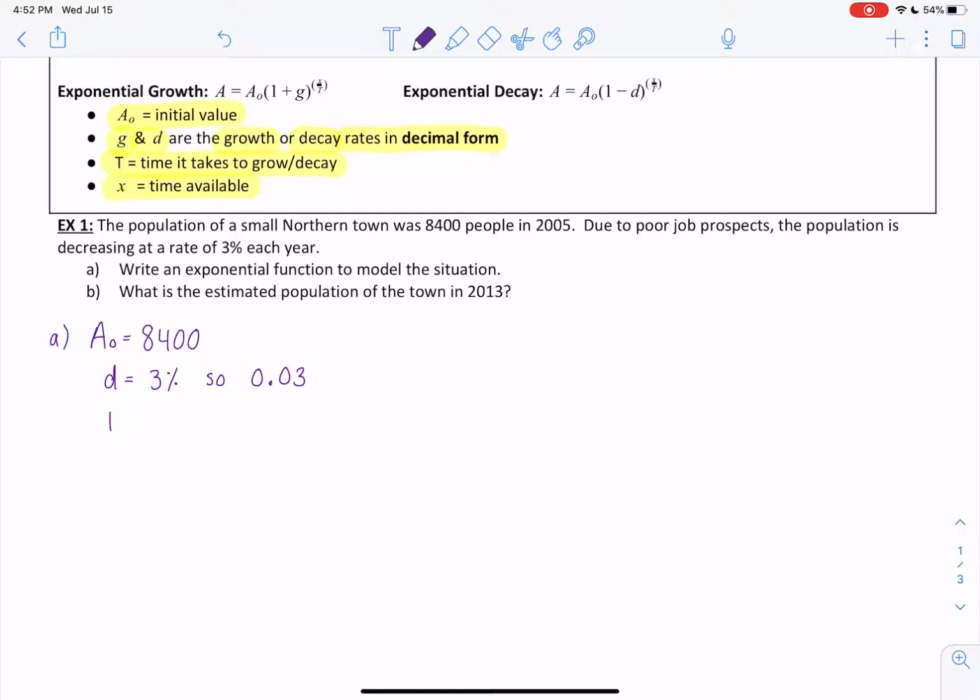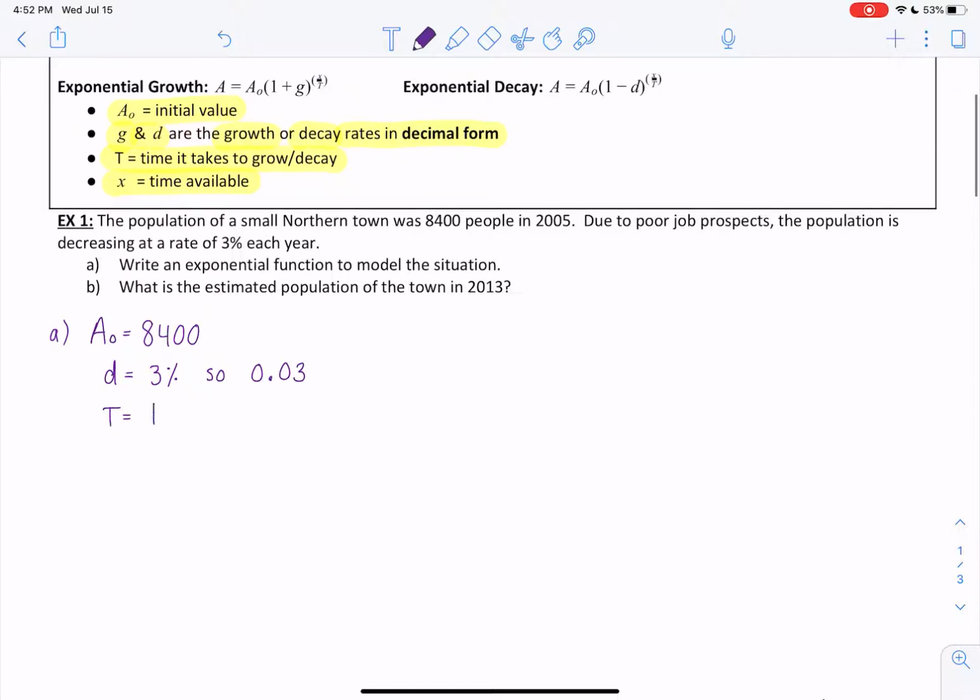Now, how long does this take to decay? That decay rate is yearly, so my t is just 1 because it happens once every year. Now, let's fill all of that into an equation. We'll have A equals my initial value multiplied by 1 minus my decay rate, which was 0.03, to the power of x over 1.